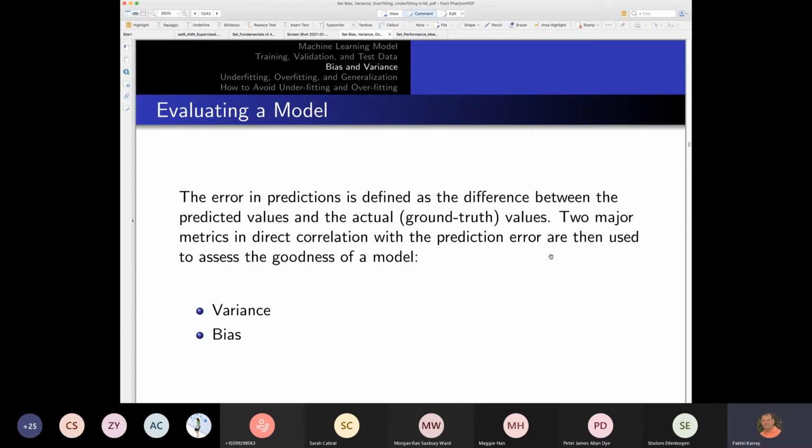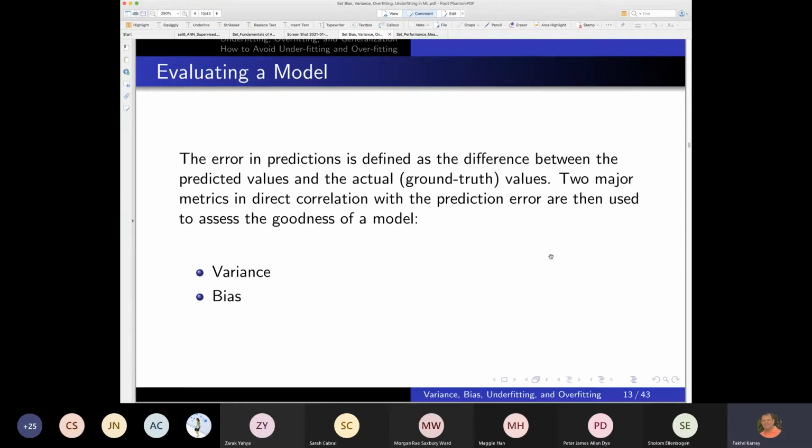Ground truth is none other than the labels that we have used for the system as target outputs. These are the real values that we have collected from the system, and we are going to use this type of data to build our model. There is what is known as variance, and there is also the bias.